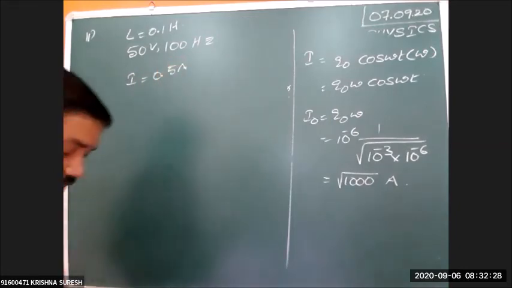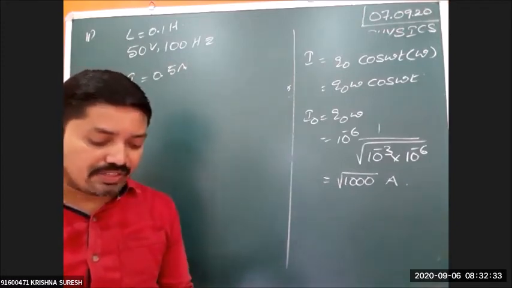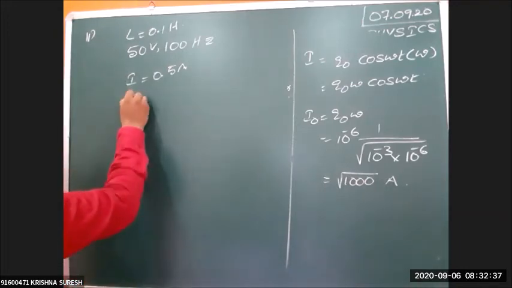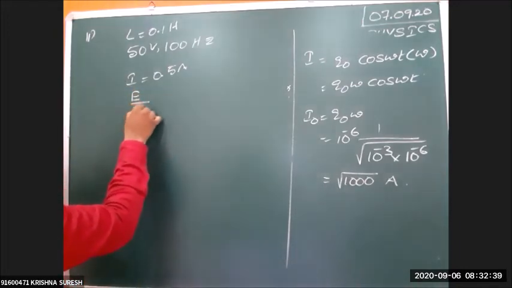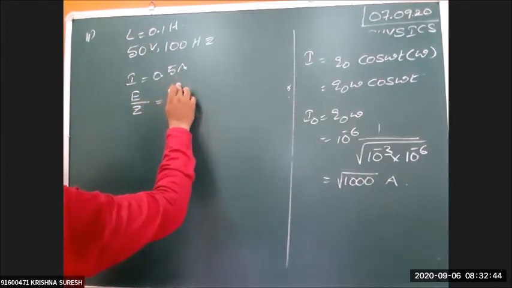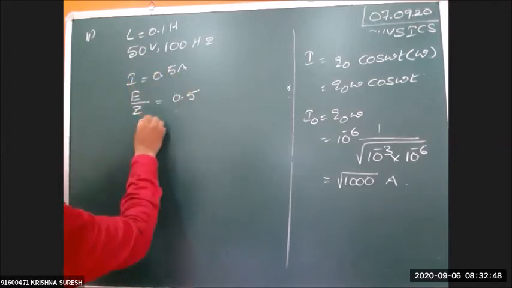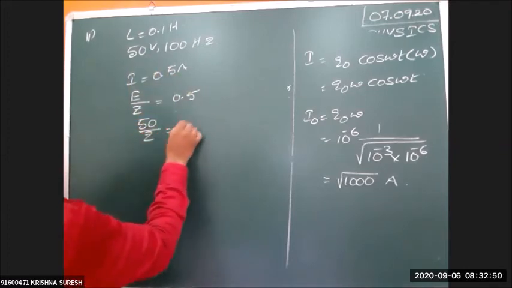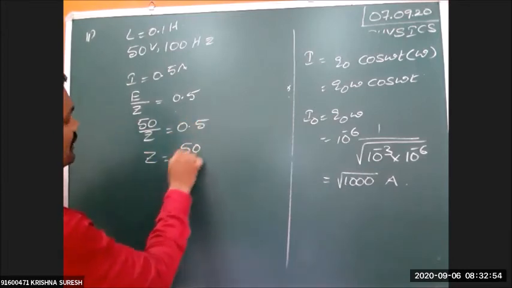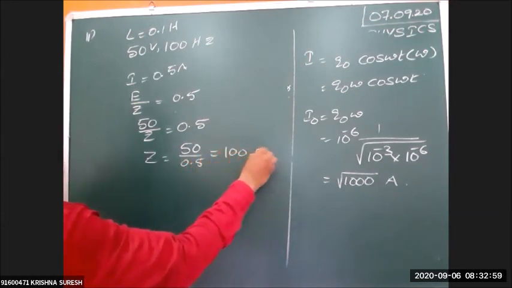We have to find the potential difference across the resistance of the coil. He gave you current, so from this we can write E by Z is equal to 0.5. E value we already know, 50 by Z is equal to 0.5. Then Z is equal to 50 by 0.5, so that is 100 ohms.